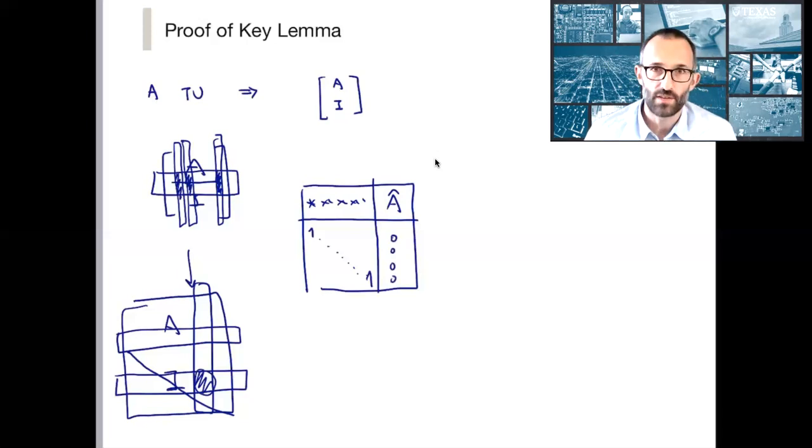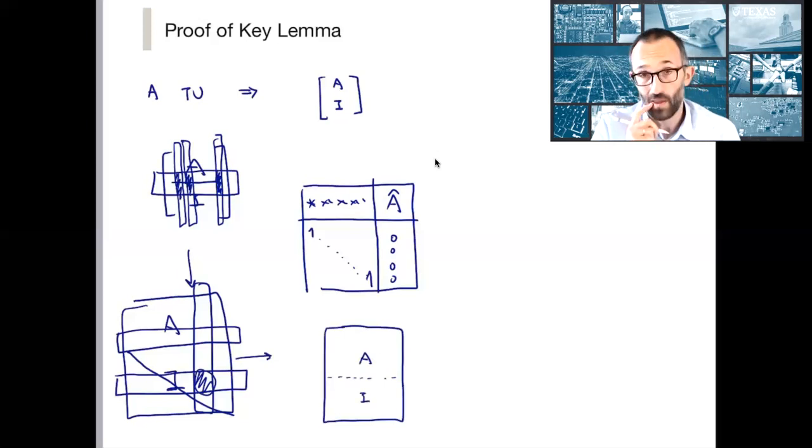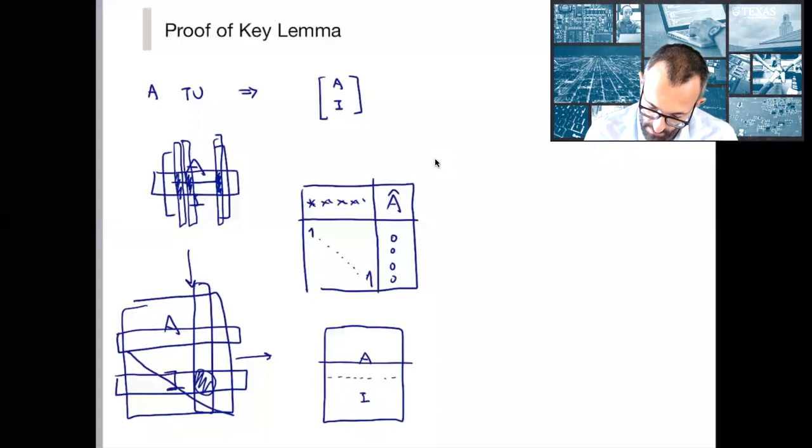So in other words, if I were to redraw this picture one more time, here is A on top, and here's I. What I'm saying is that the only square submatrices that make sense, maybe I need to choose a different color.